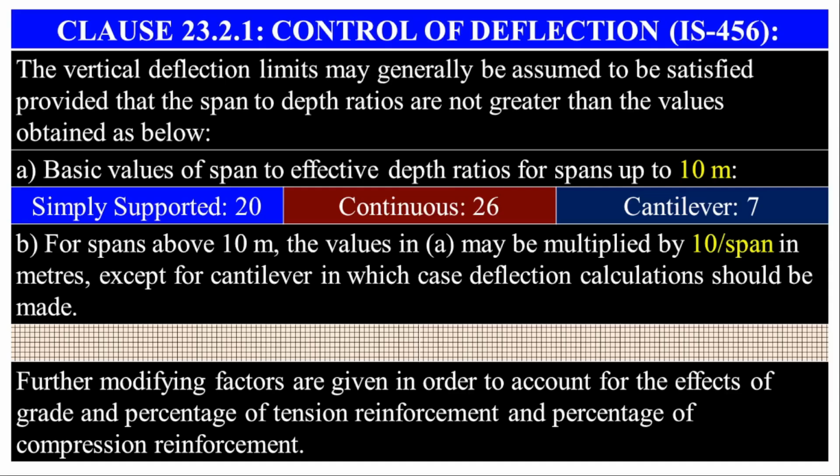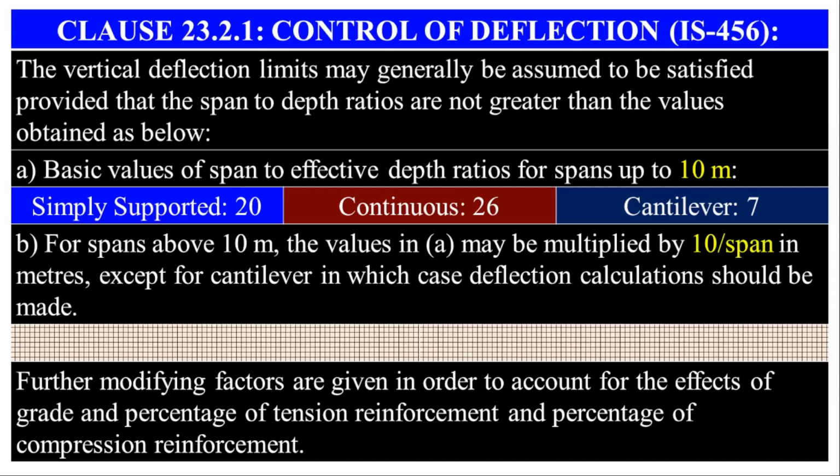B. For spans above 10 meters, the basic values mentioned in Part A are multiplied by a reduction factor of 10 divided by span in meters, except for cantilever beams, where deflection calculations should always be performed. Furthermore, the clause mentions that modifying factors are provided to account for the influence of the grade and percentage of tension reinforcement and the percentage of compression reinforcement.